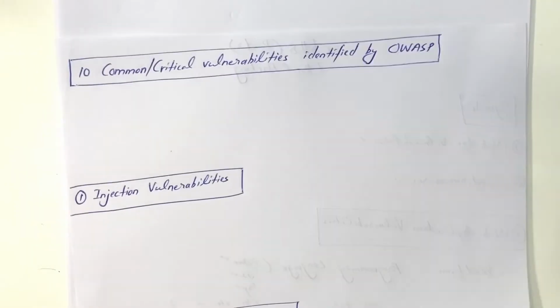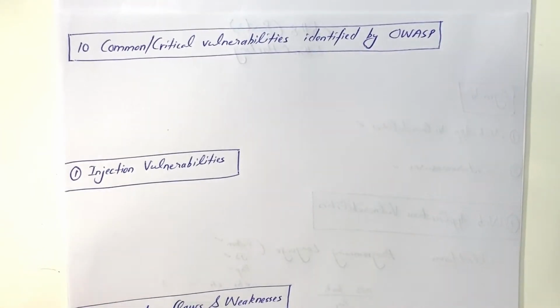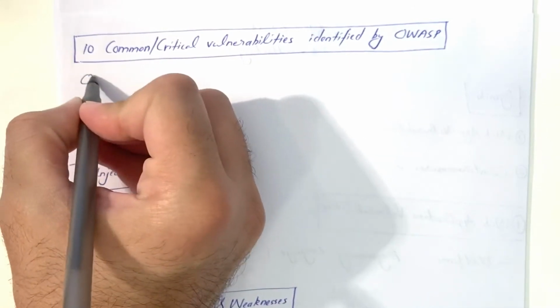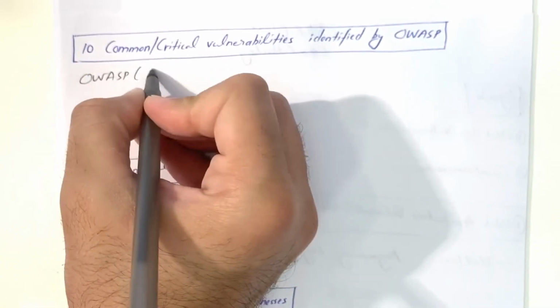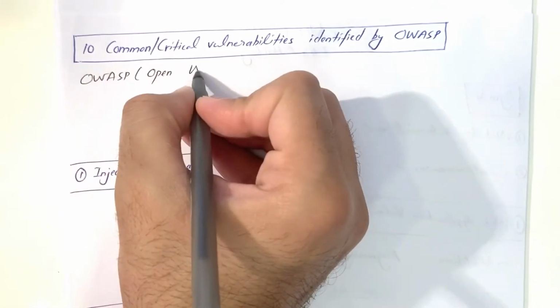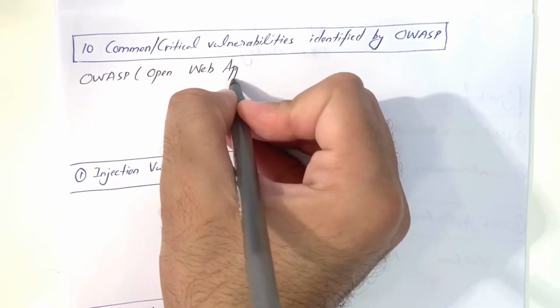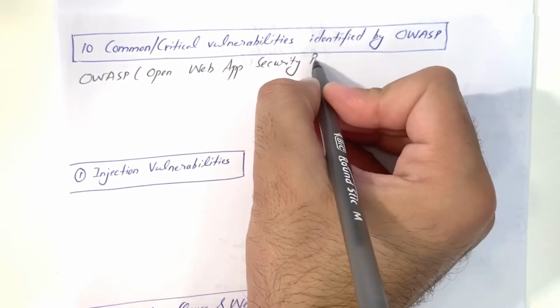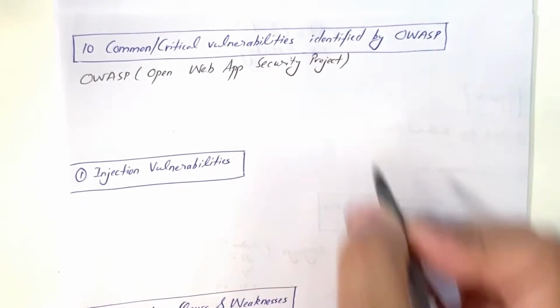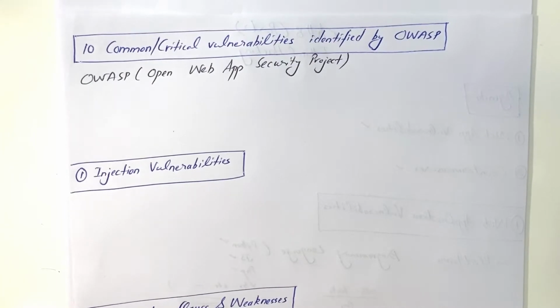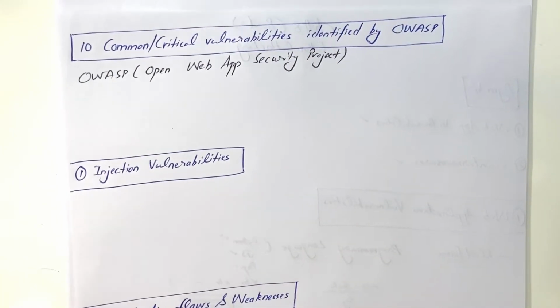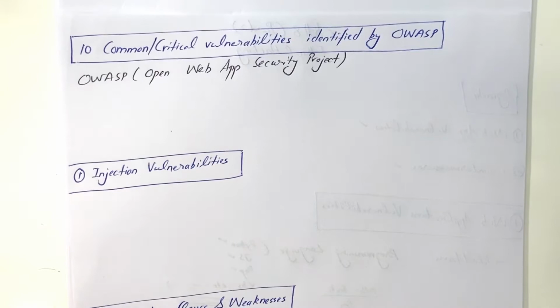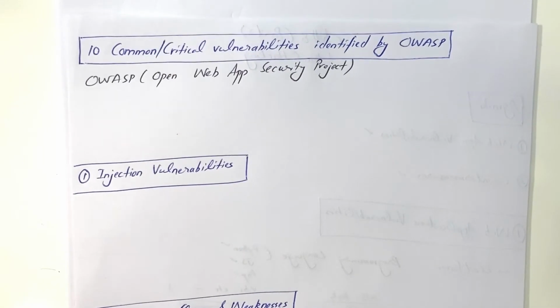So let's start with the 10 common or critical vulnerabilities identified by OWASP. OWASP stands for Open Web Application Security Project, and this is basically a consortium, a platform which helps security professionals to find and fight against web application vulnerabilities, attacks, and all that.